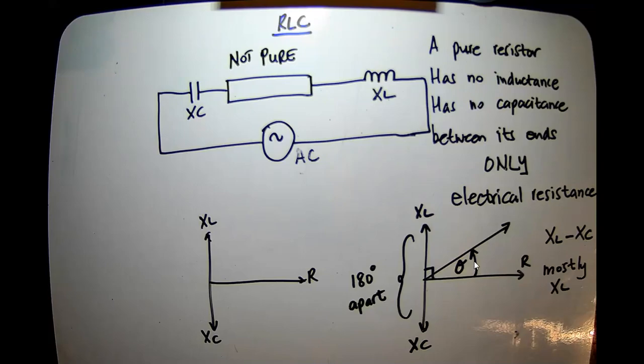If there is a slight angle, the power factor will be very close to 1, so it will be 0.9 or 0.92, 0.94, 0.98. If the resultant phasor is very close to the resistance phasor, then as soon as it's exactly the same, the power factor will be 1 and the phasor angle will be 0. Remember that rotation is anti-clockwise.